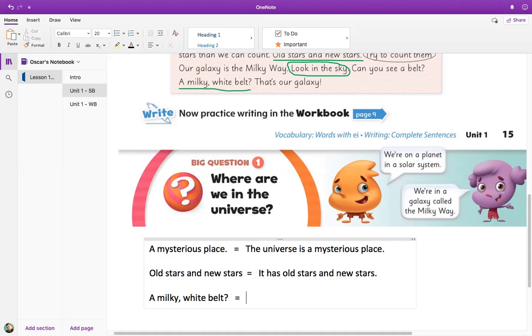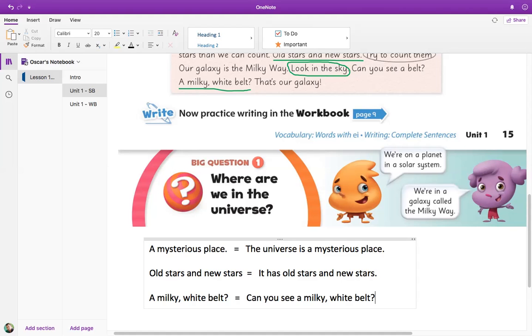So "a milky white belt" is completing the question before, but in order to avoid repeating the same words, they just use an incomplete sentence. Anyway, as a complete sentence, it will be: can you see a milky white belt?